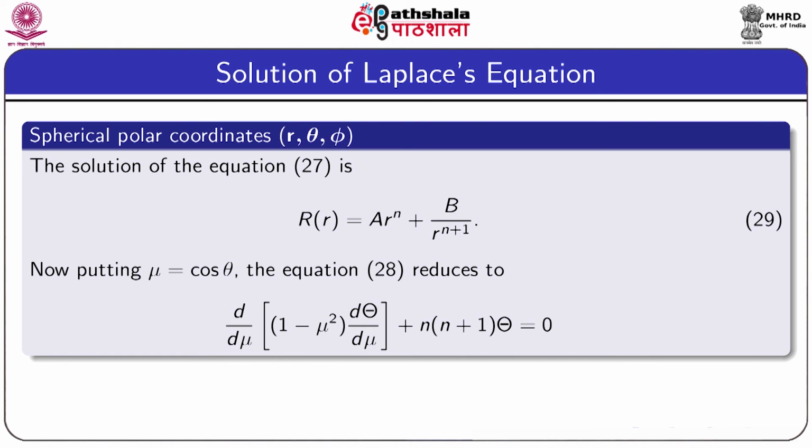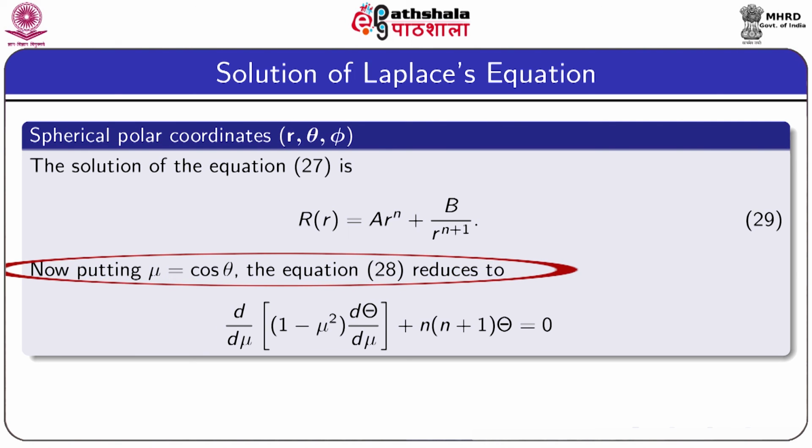Equation number 26 is an ordinary differential equation which is in Cauchy-Euler form, so its solution can be obtained easily. Now, if we look at equation number 27, we need to substitute mu equals cos theta.